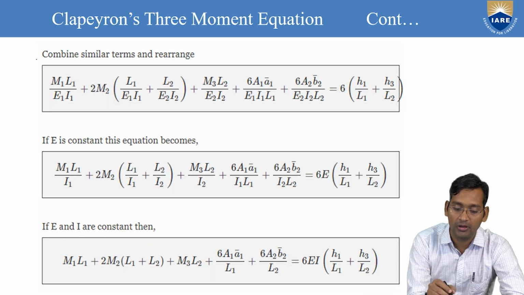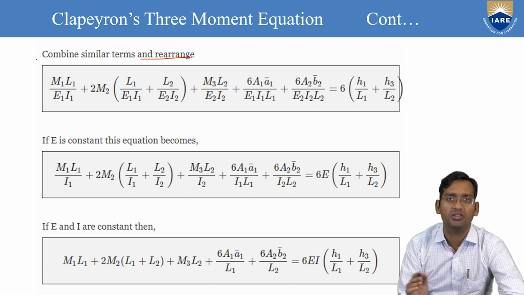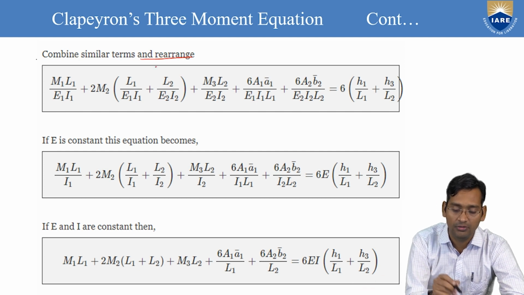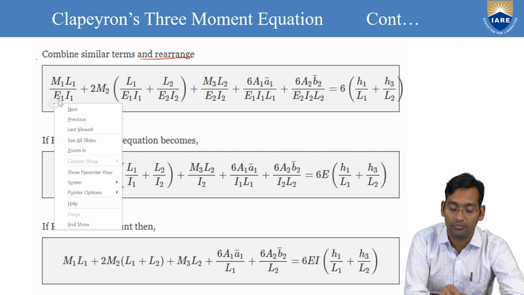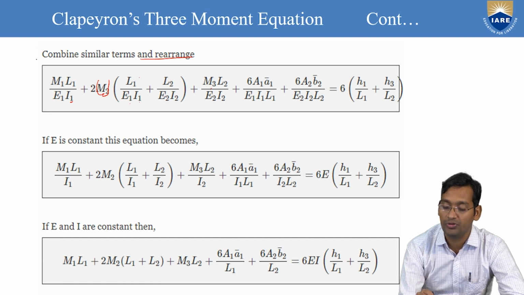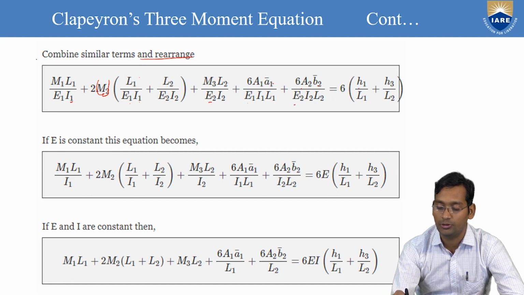Okay. So now from here, combine similar terms and rearrange. Just whatever is there, like L1, L2 is there, just take that term. H already one side is there. So now after combining, so see M1 L1 by E1 I1 plus 2 after taking common from M2 L1 by E1 I1 plus L2 by E2 I2 plus M3 into L2 by E2 I2 plus 6 A1 small a1 bar by E1 L1 I1 plus 6 A2 B2 by E2 I2 L2.